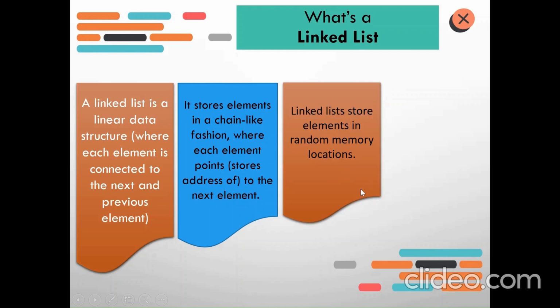So similarly, linked lists store elements in random memory locations. Random memory locations means there is no need of contiguity, as is the case with the array. So array stores elements in contiguous locations. So if we have an array of say 10 integer elements, and hypothetically the base address, that means the address of the first element, is 100, then we are supposed to find the next element 2 bytes apart, that is at 102.